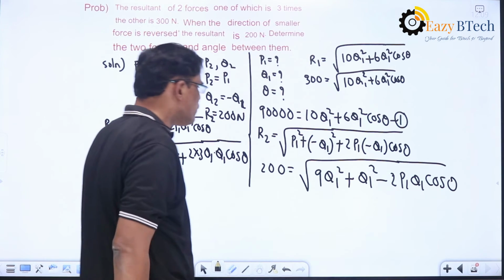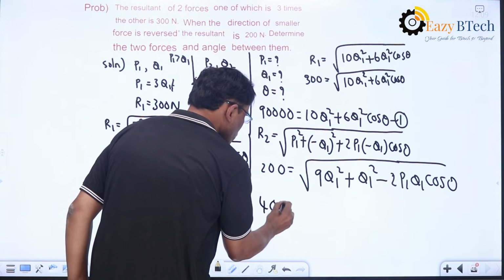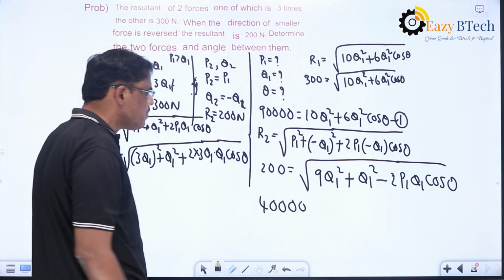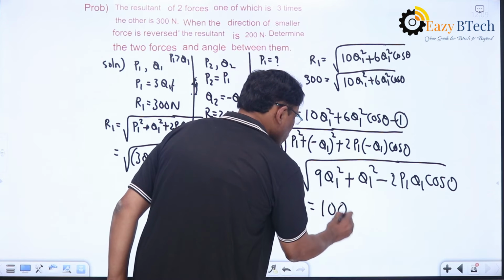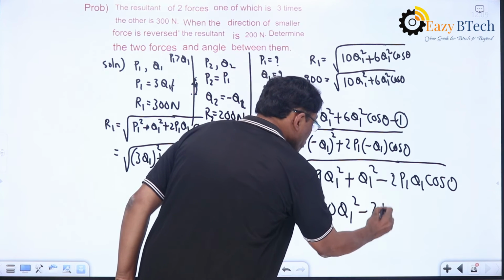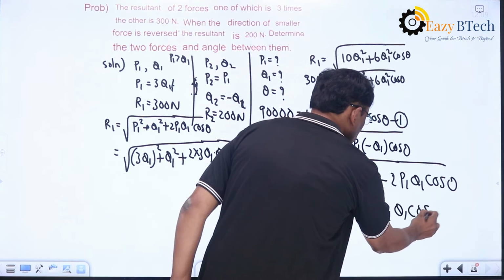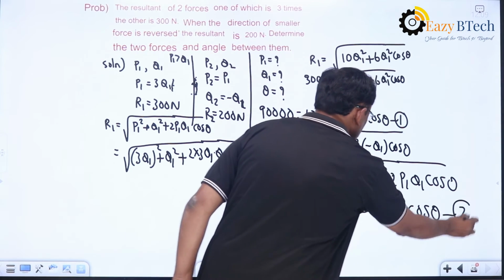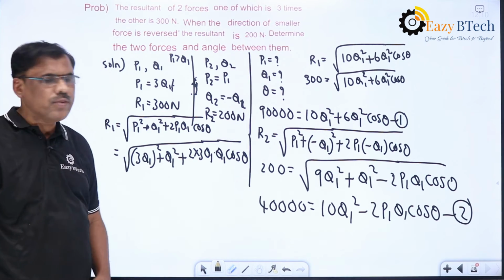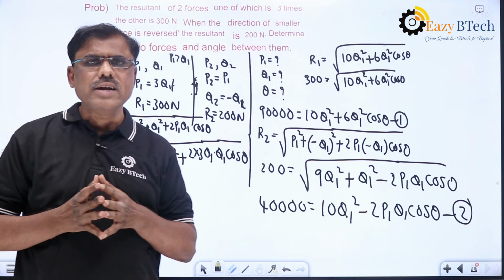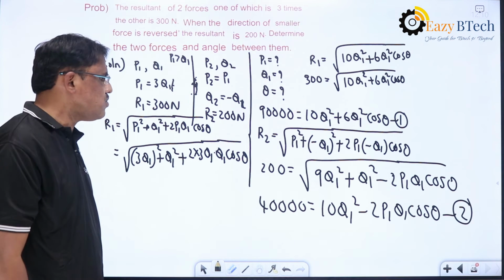On squaring both sides, you get 40,000 is equal to 10 Q1 square minus 2 P1 Q1 cos theta. Let us say this is equation 2. We have taken case 1 and case 2. In case 2, the only thing that is changed is the direction of the second force.